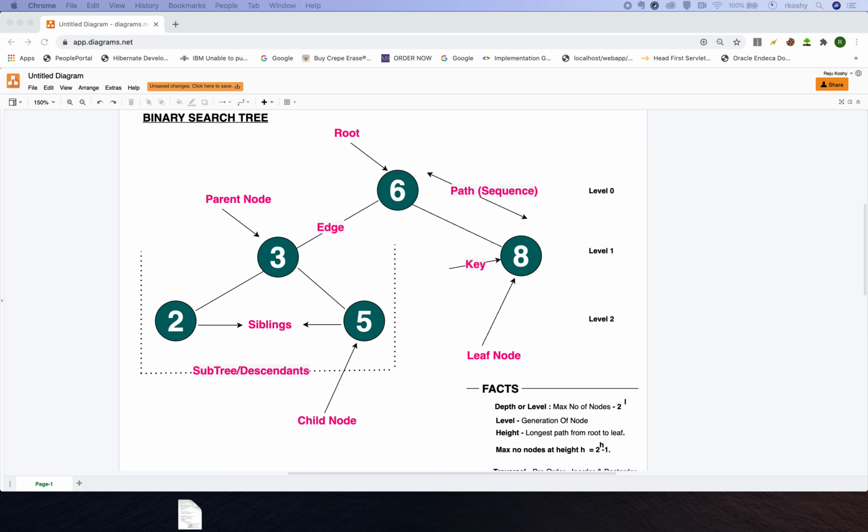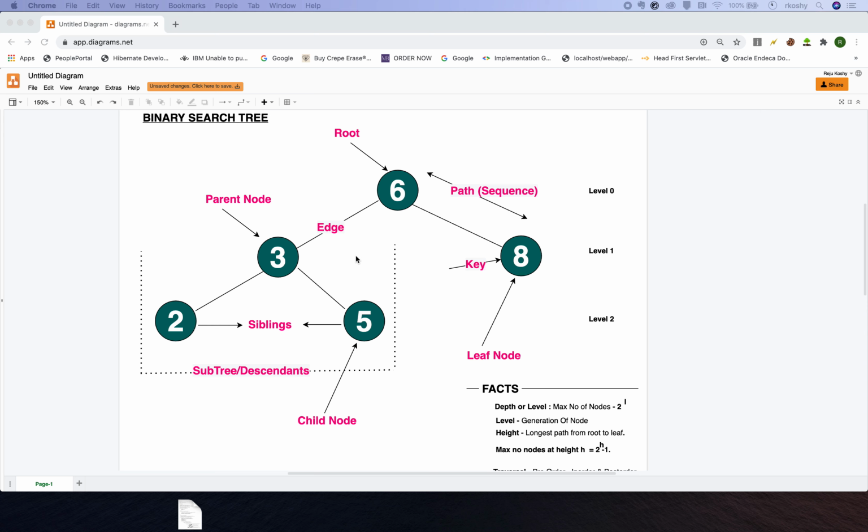So can you tell me one path? You can say 6, 3, 2 is a path because it starts from the root node, goes through 3 and finally reaches the leaf node. This is an edge, and this goes through a specific sequence through the edges and finally reaches the leaf node. So this is a path. There are different paths or combinations of paths in a tree.